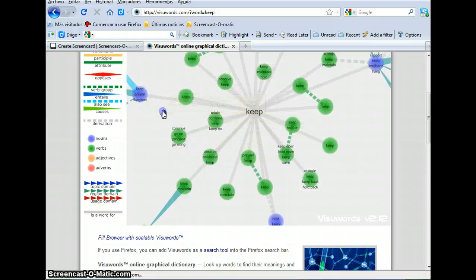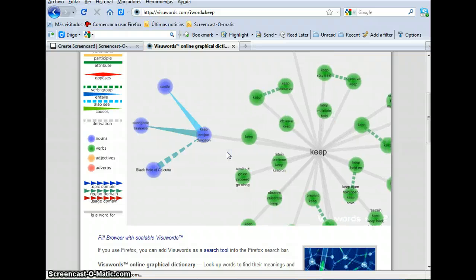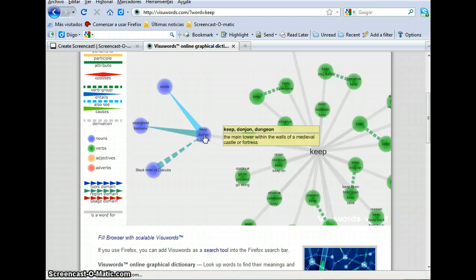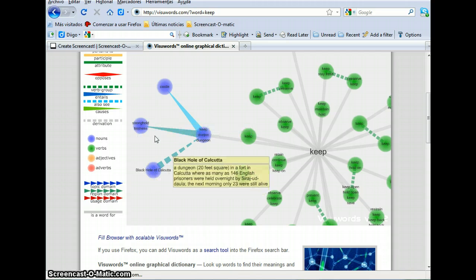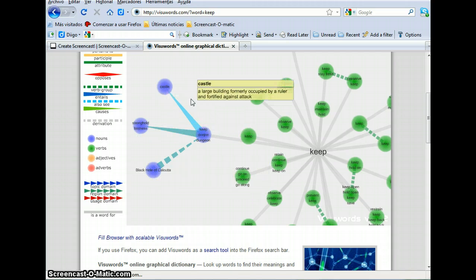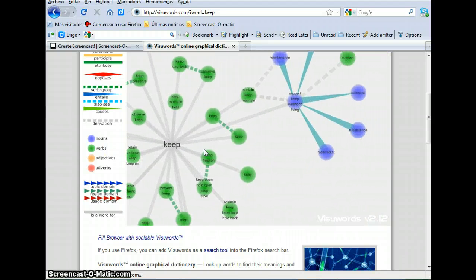For example, if we move this over, we can move this over with our mouse. Here we have keep as a dungeon or a jail, which we saw earlier, okay? Stronghold, fastness, okay? All of these are related to sort of the prison concept. The ones in green are verbs.